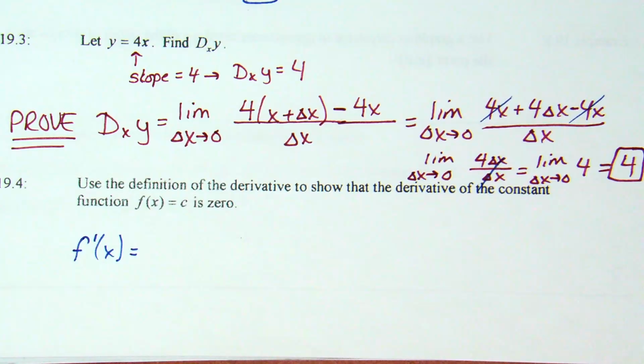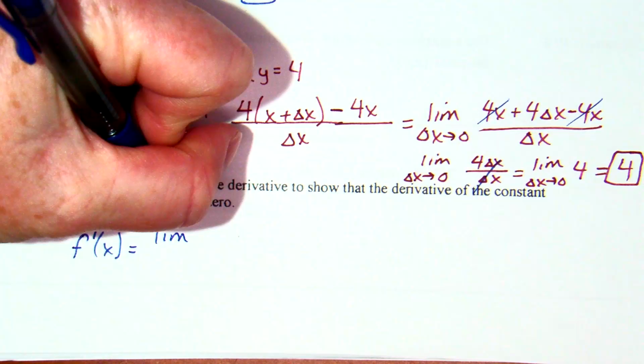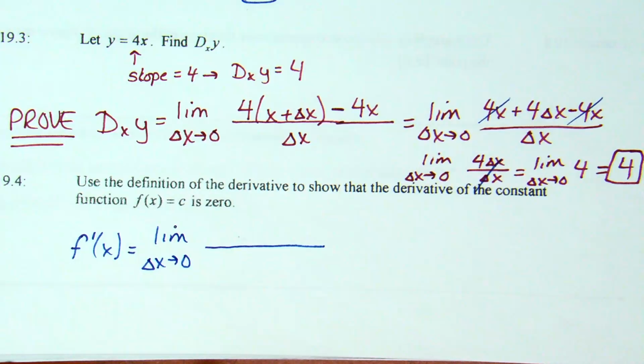F prime of x, definition of derivative. So, the limit as delta x approaches 0 of f of x plus delta x. So every place you see an x, you replace it with x plus delta x.